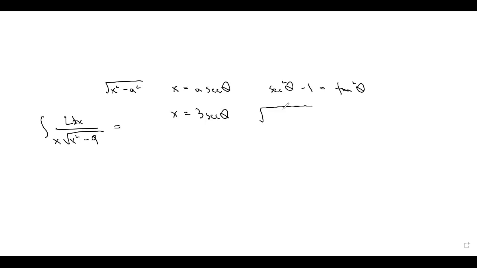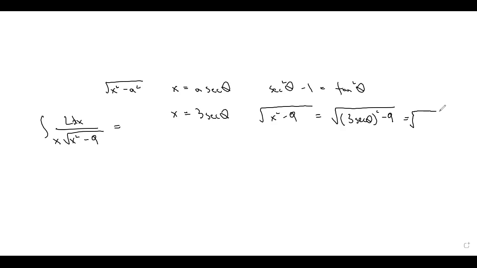Square root of x squared minus 9 is equal to square root of 3 secant theta squared minus 9. And now we do something similar to the previous one where we can do some factorization. So let's just distribute that square to the 3 and to the secant. So you'll get 9 secant squared for that little part. And everything else will just stay the same.